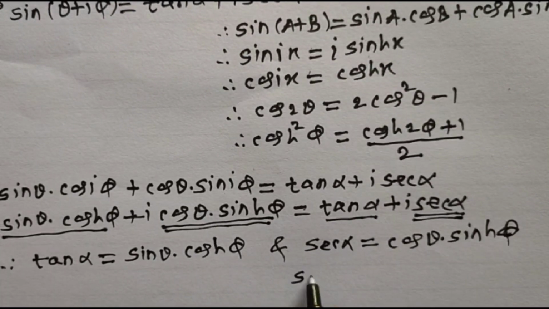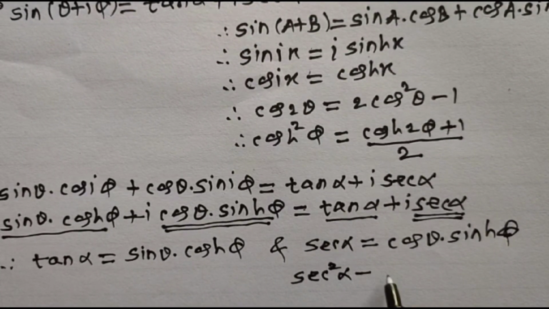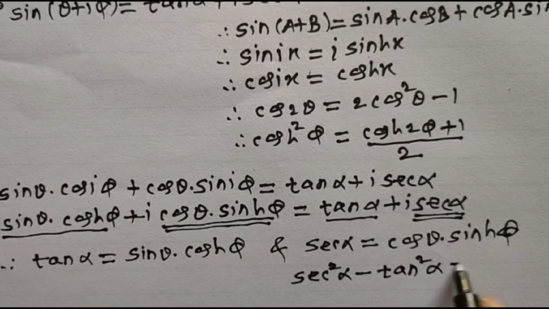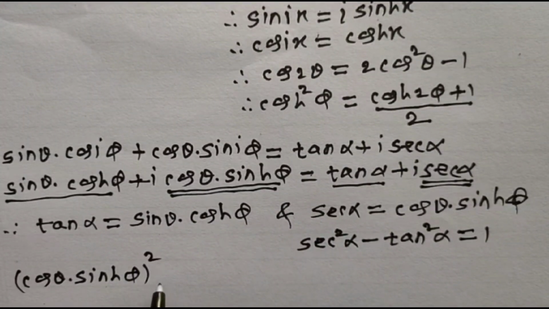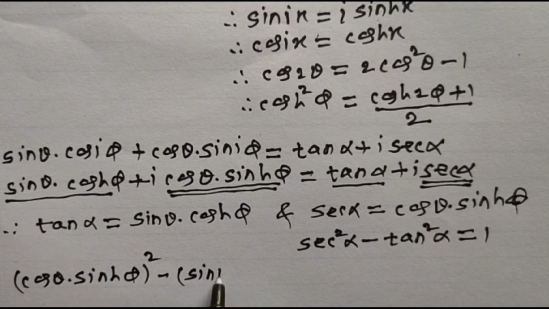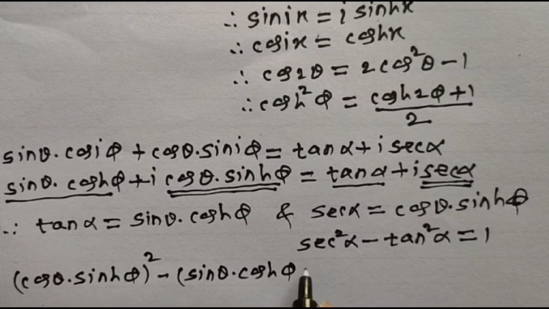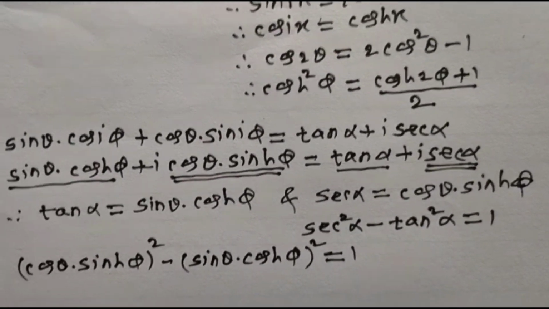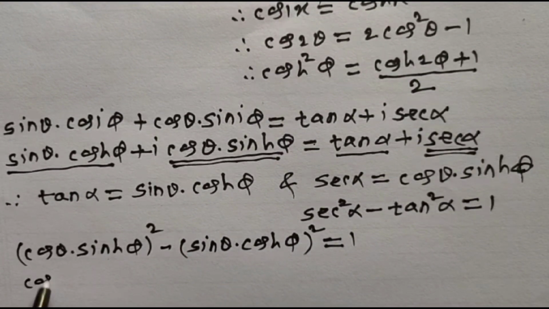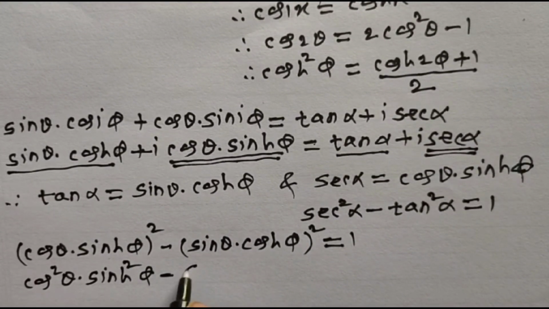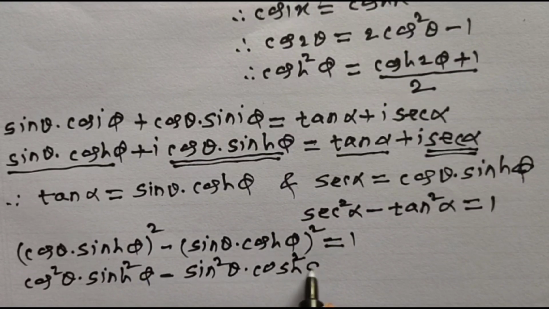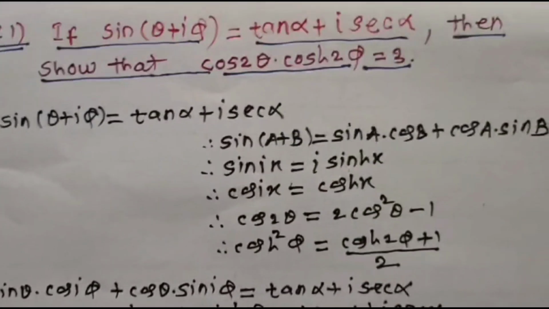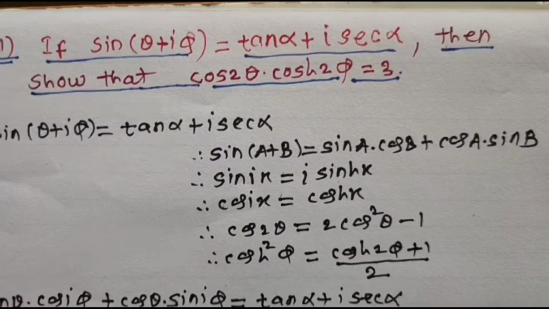Now sec²α − tan²α = 1, right? So (cos θ sinh φ)² − (sin θ cosh φ)² = 1. Now this can be written as cos²θ sinh²φ − sin²θ cosh²φ = 1. But we have to prove cos 2θ cosh 2φ = 3.